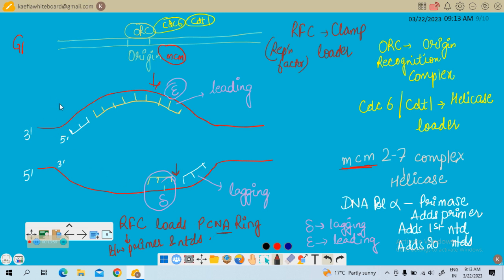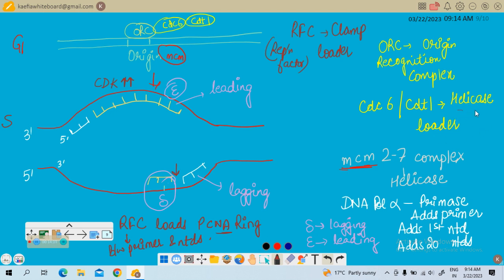So now here, CDK activity increases. When CDK activity increases, that means it is all occurring in S phase. So here we have the helicase loader, CDC.